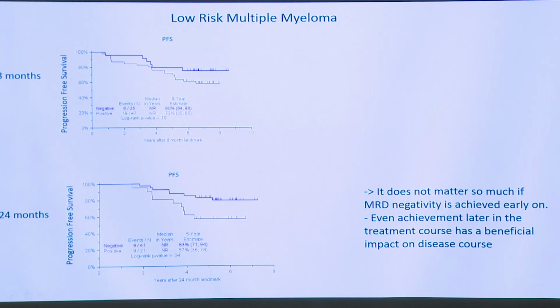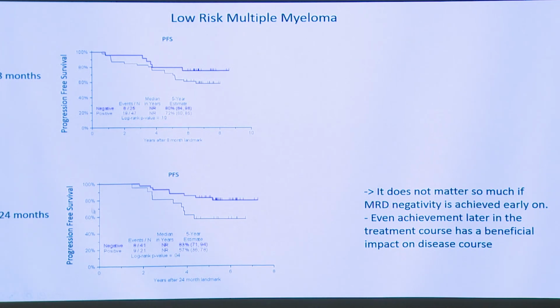We've seen that some patients after 8 months are still positive, some are negative, but at that point in time it really doesn't matter, so it has no implications on their outcome, because they're still being treated, and with ongoing maintenance a lot of patients achieve MRD negativity.